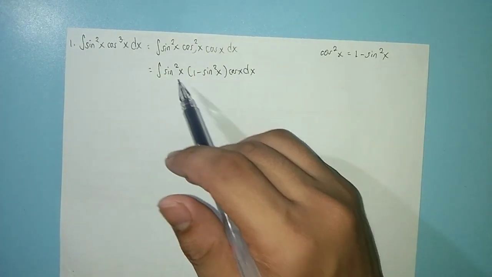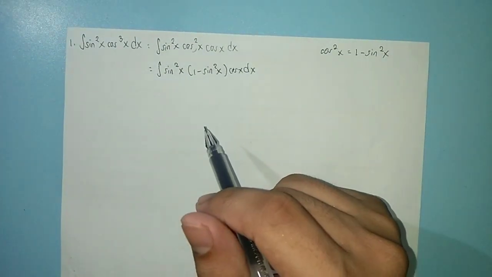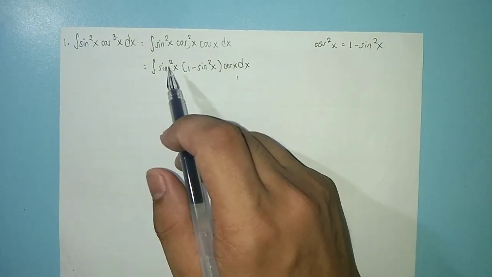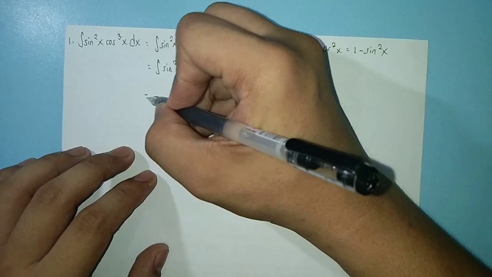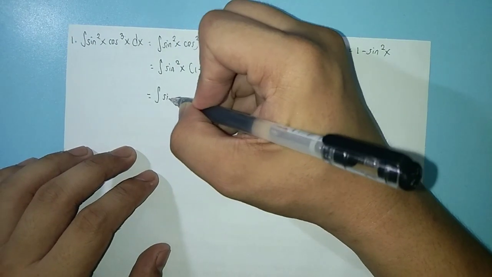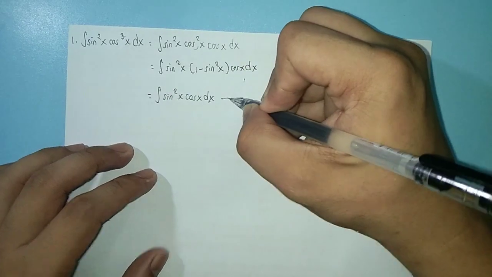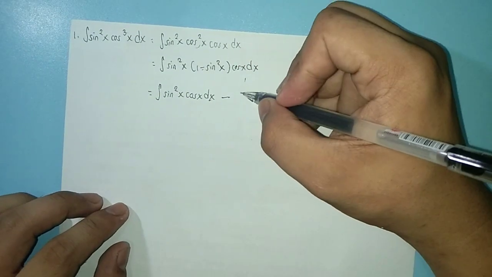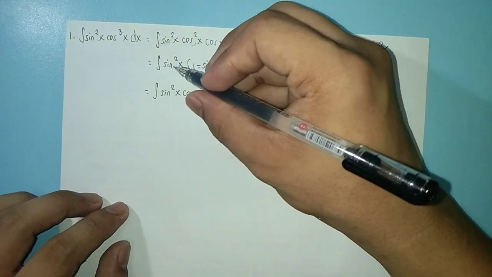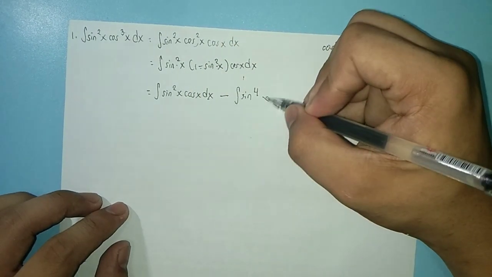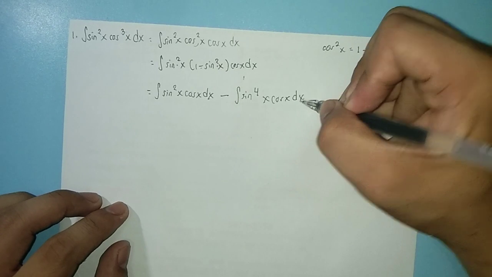So, square of sine x, then quantity 1 minus square of sine x cosine x dx. So, i-distribute natin yan. Magiging square of sine x cosine x dx minus, kasi negative, integral of square of sine x magiging raised to 4 na yan, cosine x dx.